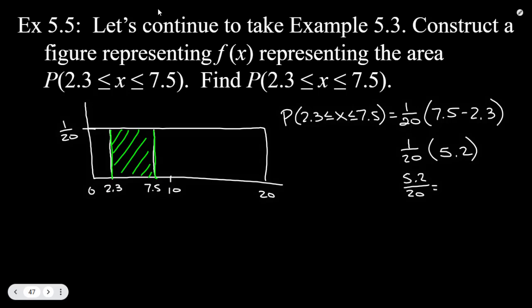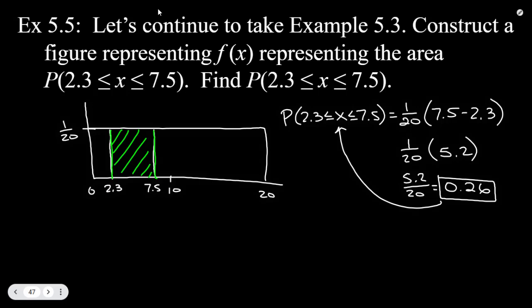So let's take 5.2 divided by 20, and we get 0.26. That would be our probability that x is between those two numbers.